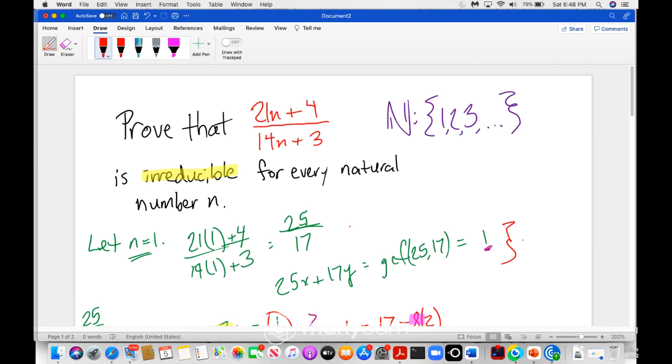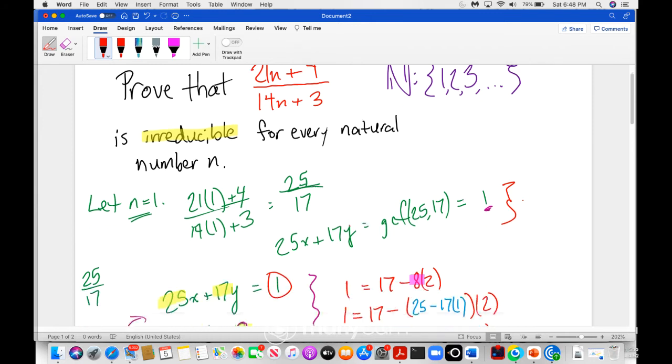Okay, so I'm going to go back up here to remind ourselves of 21n plus 4 and 14n plus 3. Well, we're going to do the same thing.